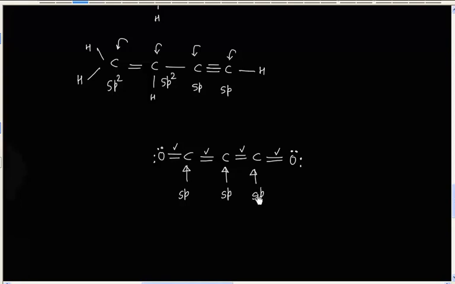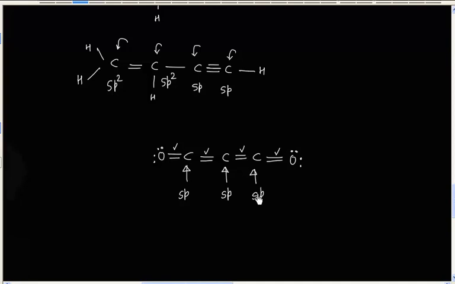So in summary, if you want to find hybridization, first you have to write down the Lewis dot structure. Once you have written it correctly, you can find the number of groups. Once again, a single bond, a double bond, a triple bond, or a lone pair can each be treated as a group.